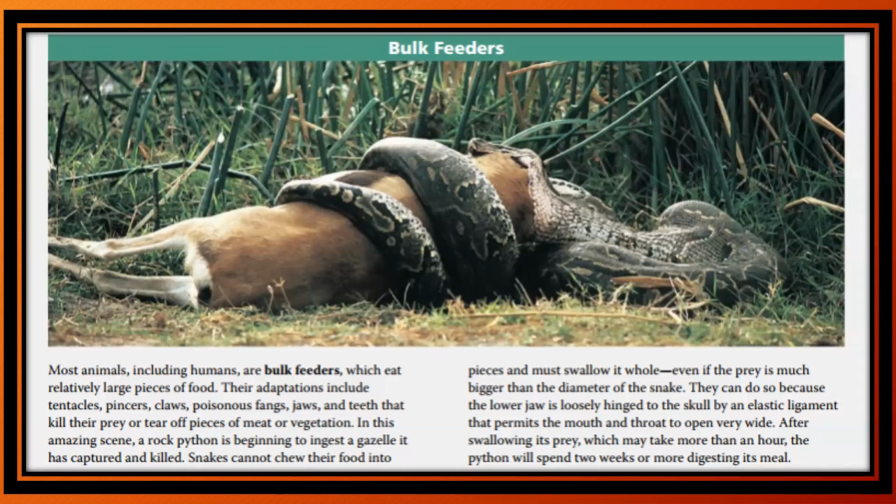We're eating an entire piece of steak. We're eating this larger food that needs to be broken down and processed much more prior to us being able to absorb all the nutrients in it. And so bulk feeders have to have very intricate digestive systems in order to really get all of the nutrients out of it.